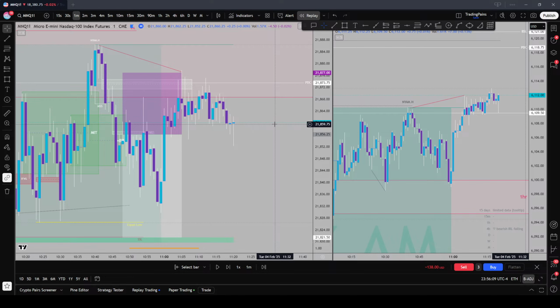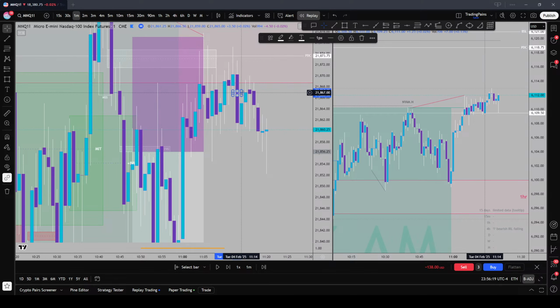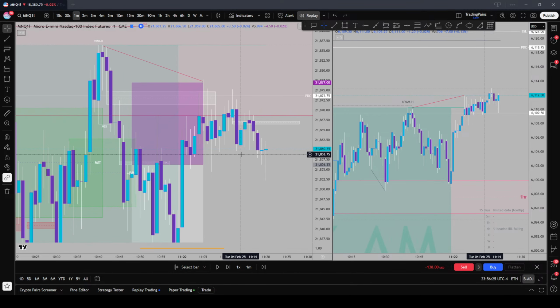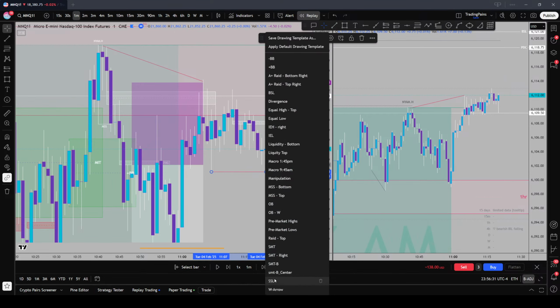It's okay. What is it doing here? It made a tiny fair value gap. It didn't take out, it just took out sell-side liquidity. This is like seek and destroy.